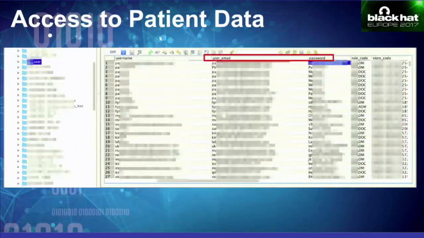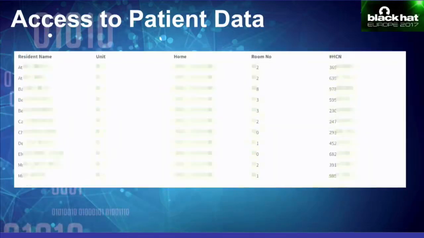Another interesting table that we came across contained the login for the portal itself. It stored the username, the email, the password in plain text, and the role code, which basically tells you if you're a doctor, a manufacturer, a patient, a pharmacist, etc. We pulled out some of the credentials for the manufacturers themselves and used them to log on to the portal.